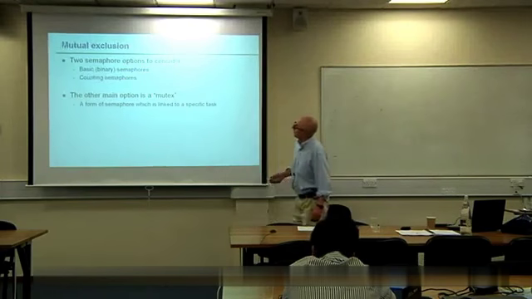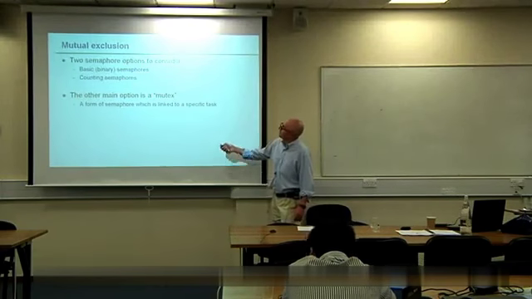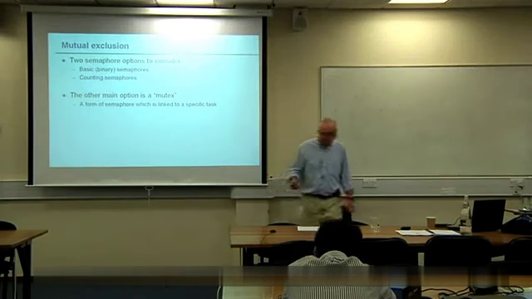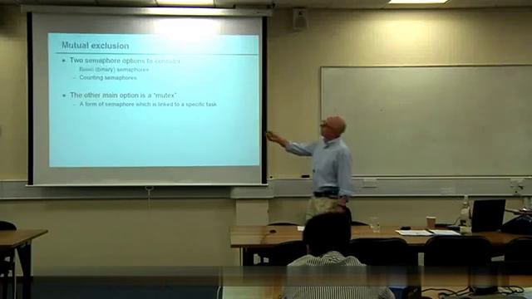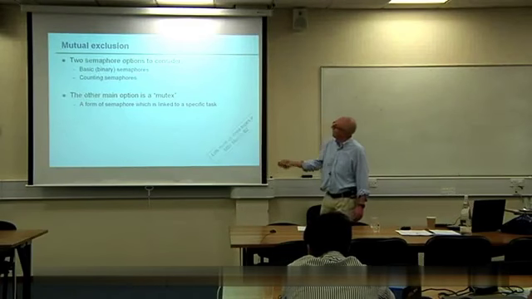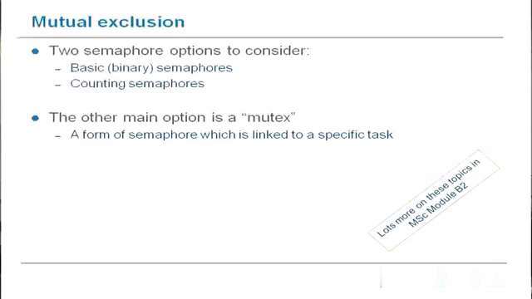So we can solve those. There are simple locks and there are mutexes, which are locking mechanisms associated with a particular task. These are not without their complexities. There's a module in this program on real-time operating systems which covers all of these bits and how to implement them in much more detail. We're not going to do that today.